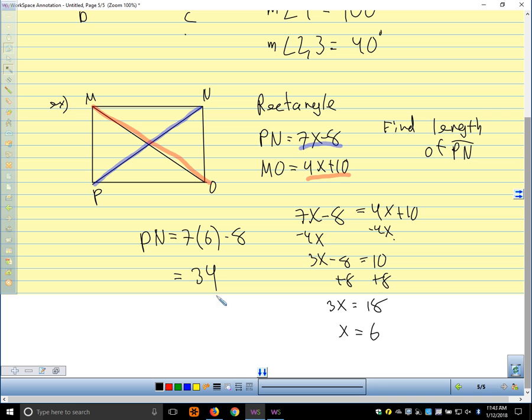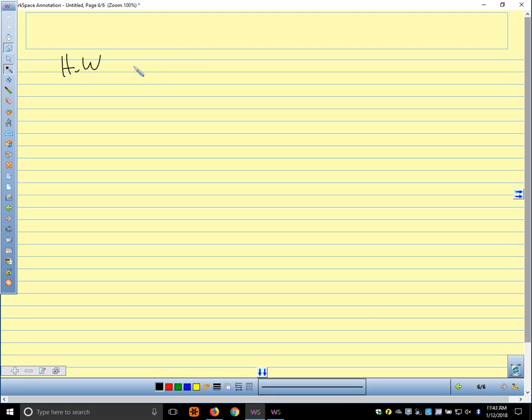All right, questions? Okay. Homework. Two different pages. One of the pages is just parallelograms. The other one is squares, rectangles, and rhombuses. I think that's how it works.